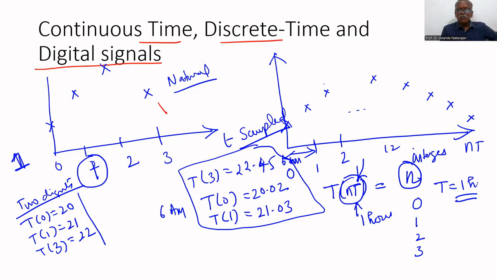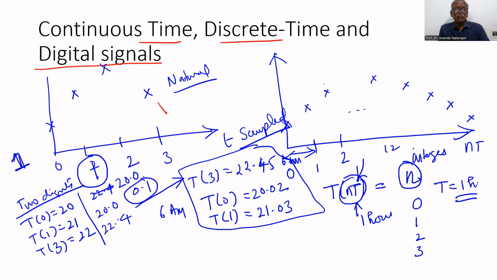Suppose we want to represent one more decimal place, then T of 0 equals 20.0, T of 1 equals 20.0, T of 3 equals 22.4. Here, the quantization scale is 0.1, because the smallest value that can be quantized is 0.1.